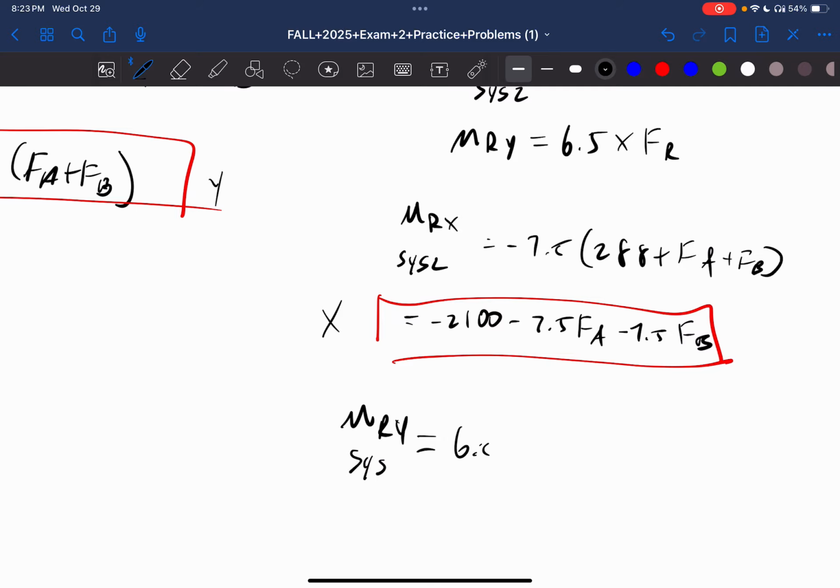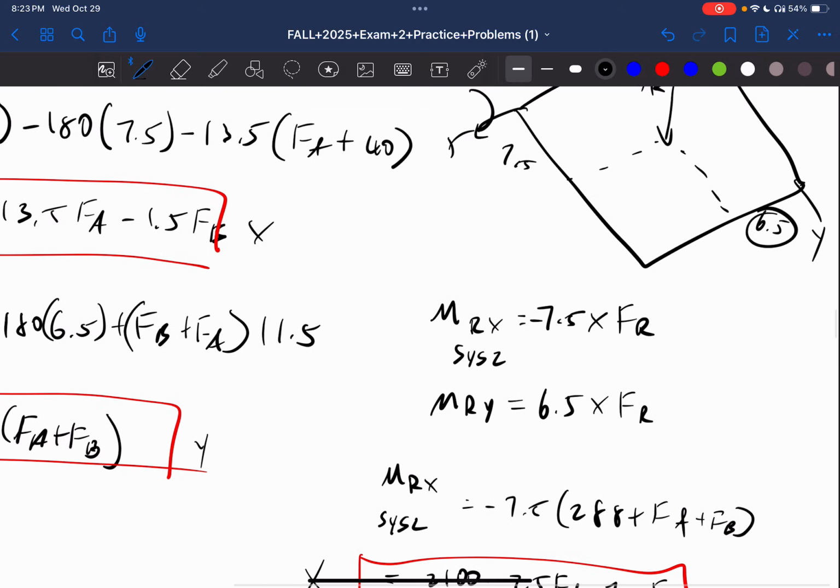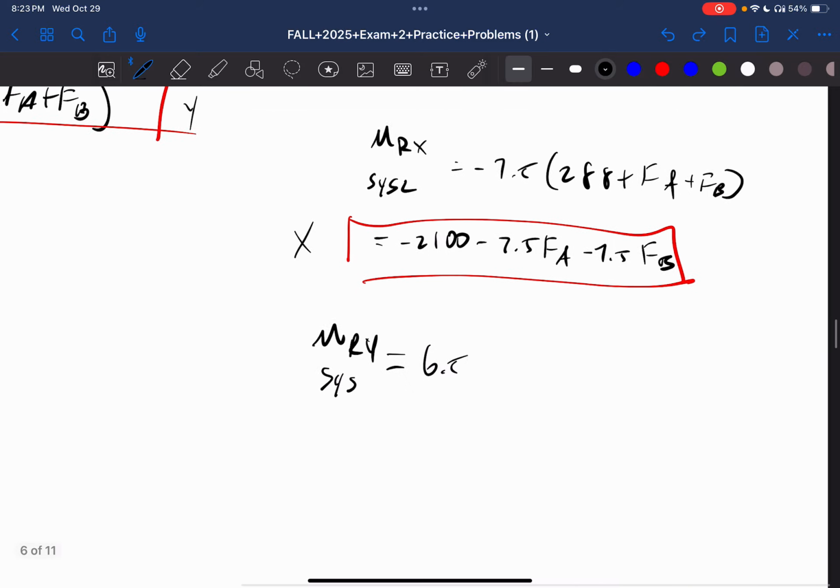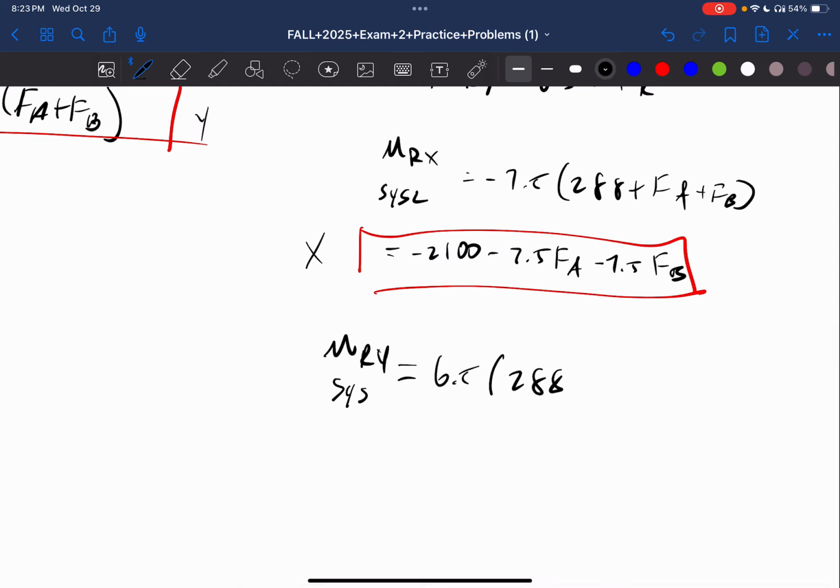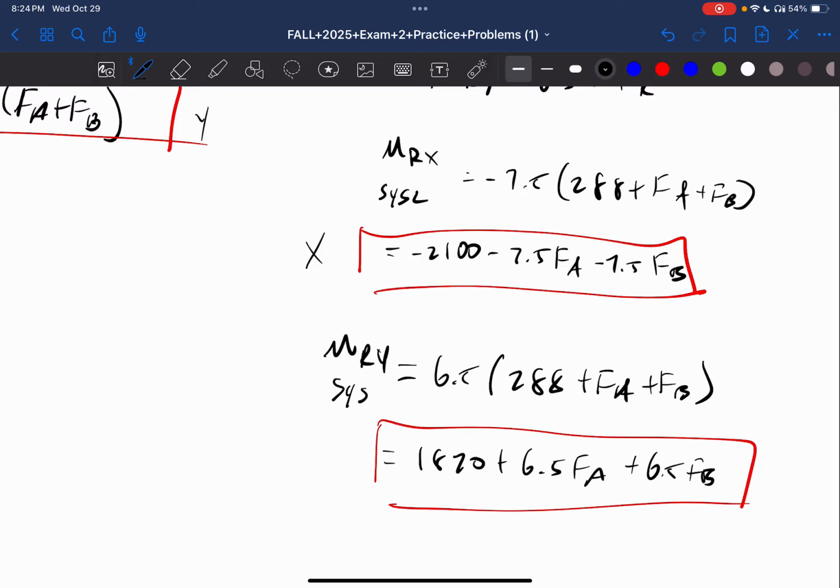The moment arm is just 6.5 this time. 6.5, which we have 6.5 times FR, which is going to be 288 plus FA plus FB. This is going to be equal to 1820 plus 6.5 FA plus 6.5 FB. And this is going to be Y.